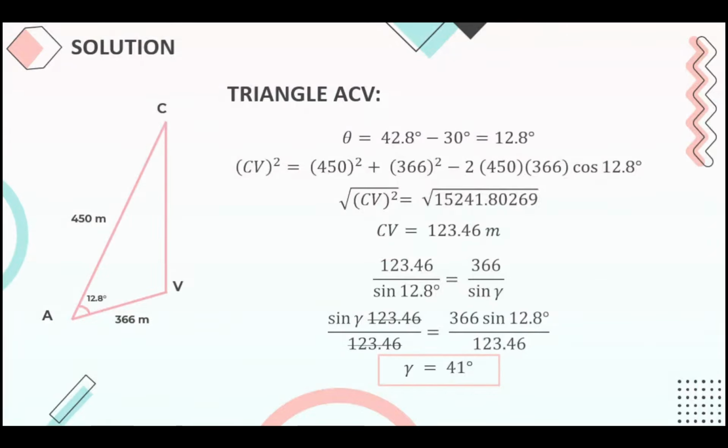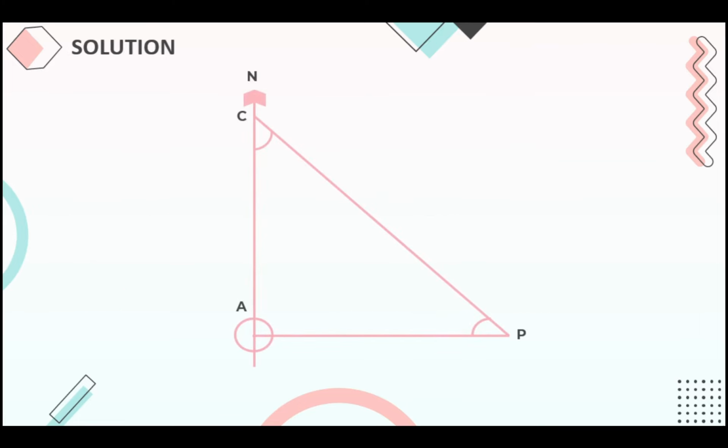Since we already have calculated the angle needed, we can solve the azimuth of PA. Recall it was stated in the problem that the azimuth of CA is due north, as shown in this diagram. So we already got the angle, which is 41 degrees, and 45 degrees is also given. What we need to do is to get the azimuth of AP first. So the sum of the two angles, 41 degrees and 45 degrees, is 86 degrees.